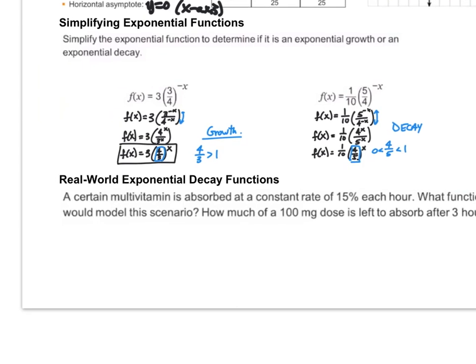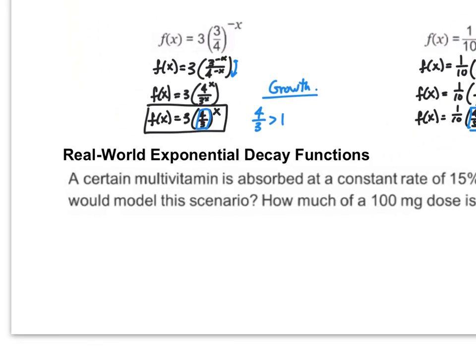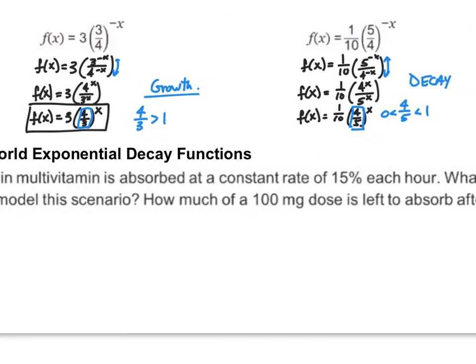If we start out at time 0, let's just think of a table here. Let's just say that at time 0, you have 100% of your vitamin, okay? What happens is this is being absorbed at a rate of 15% each hour.